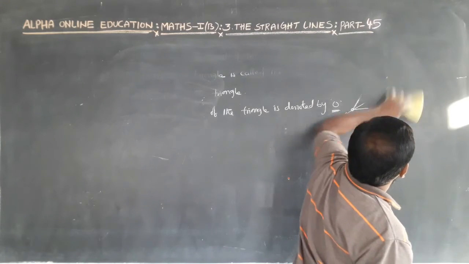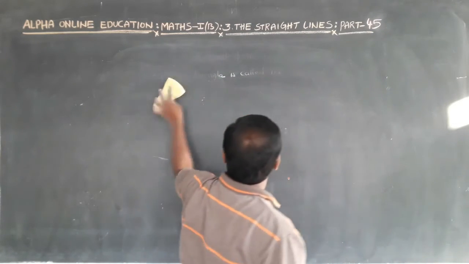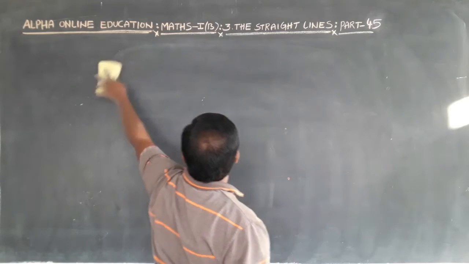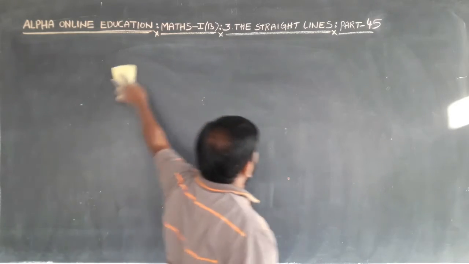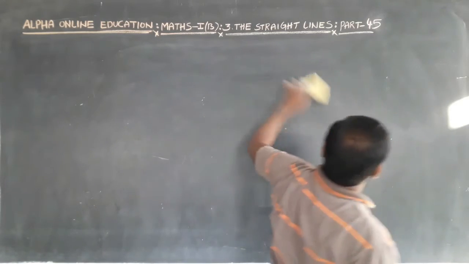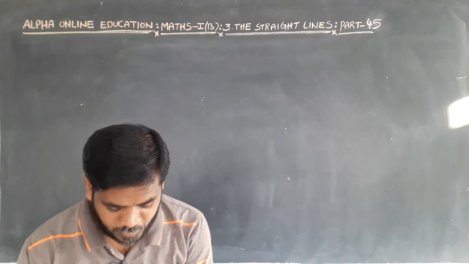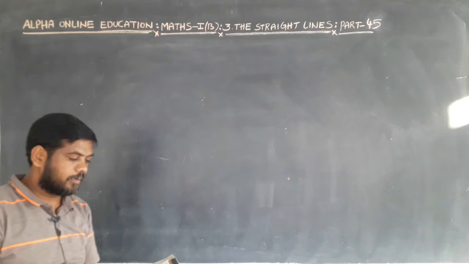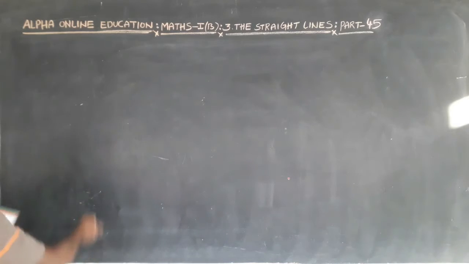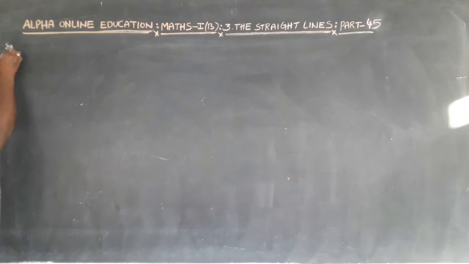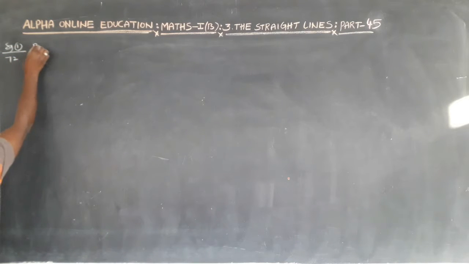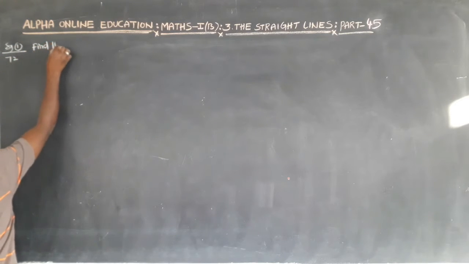Find the orthocenter of the triangle whose vertices are. Example number 1, page number 72.